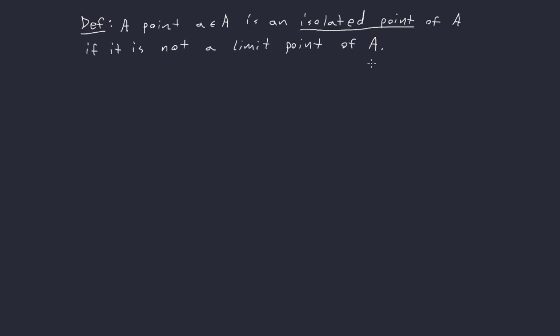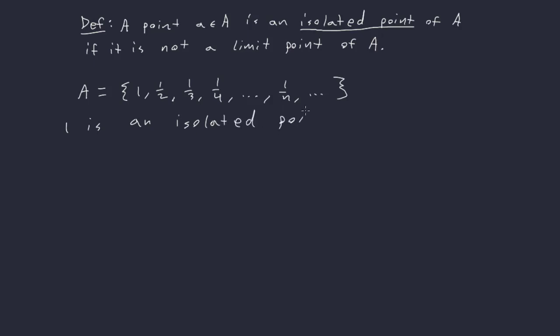Okay, so for example, if we again go back to our 1, 1/2, 1/3, 1/4, 1 over n example, 1 is an isolated point, because it's not a limit point.